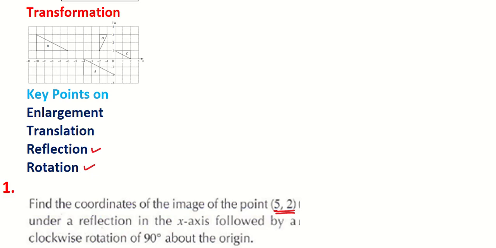We want to find the image of this point under a reflection in the x-axis followed by a clockwise rotation of 90 degrees about the origin. First we find the reflection in the x-axis.